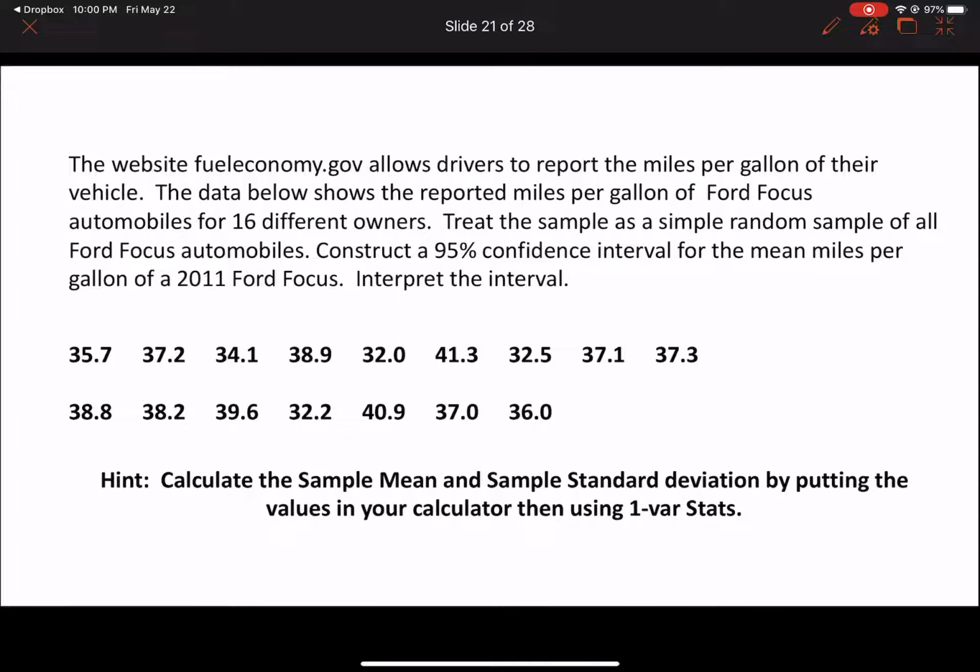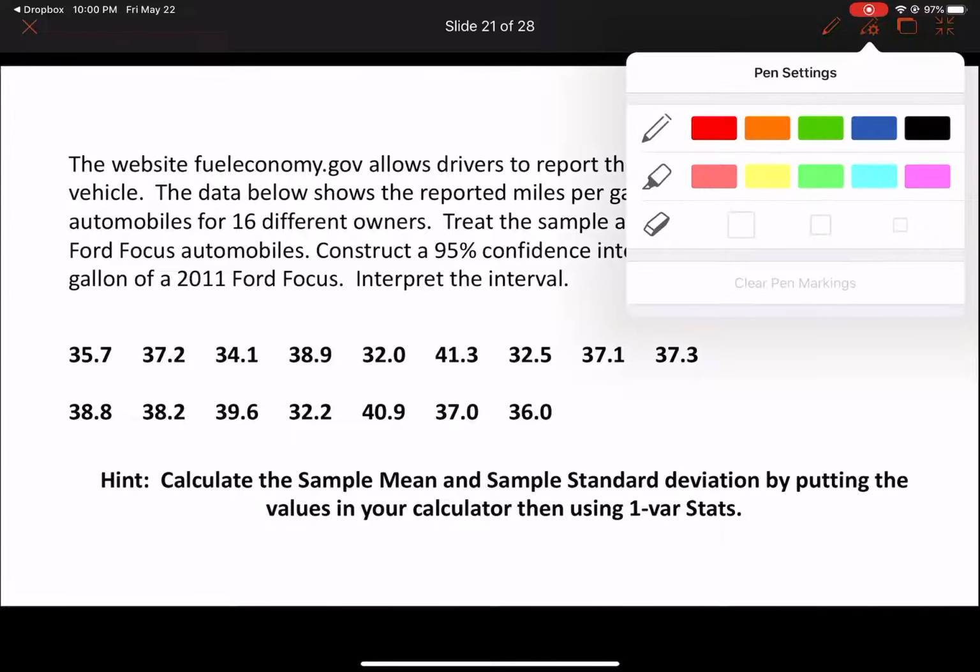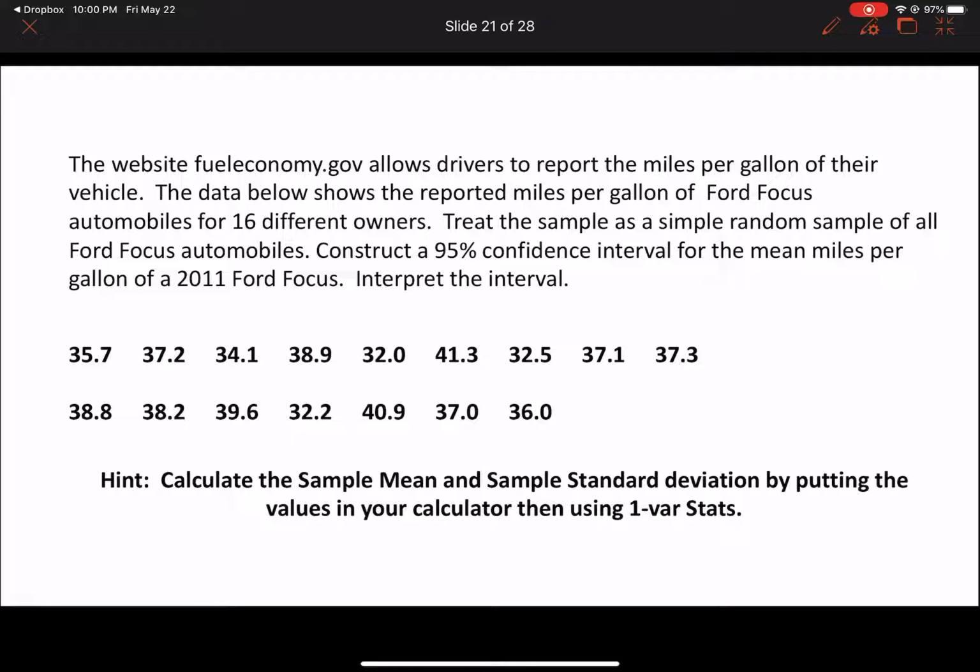All right, so let's take a look at this data. So we can put that into our calculator, and we get, just a second here. I had that up on my calculator a minute ago. Where in the heck did I just put that data?